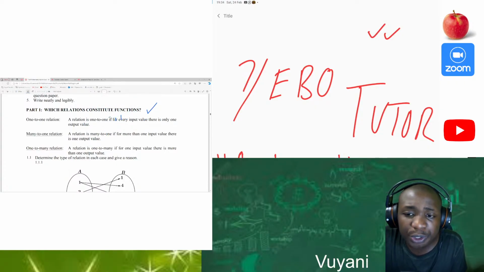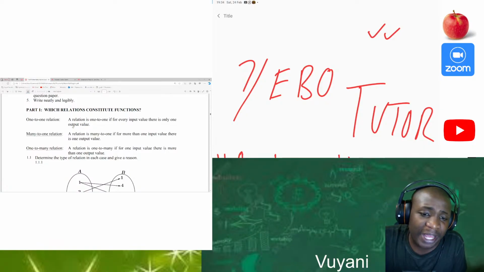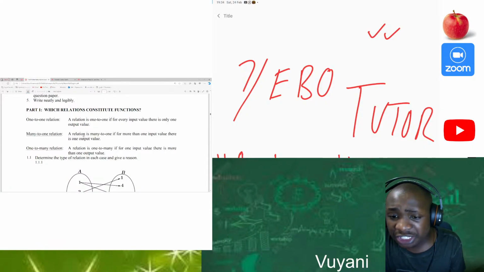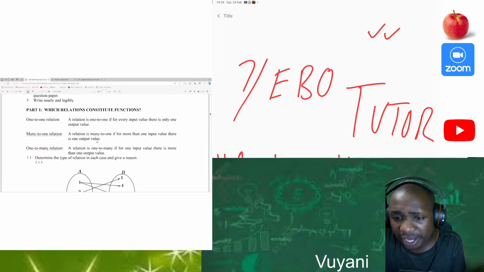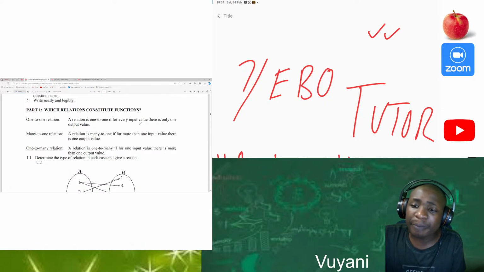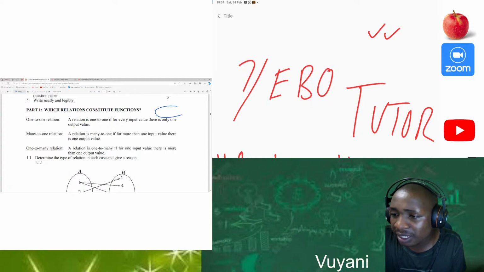Now we have what we call a many-to-one relation. That's where, for more than one input value, there is one output value. For instance, maybe our function is like this. Then at this specific point, let's just say -1, we can see that we have this output value, and we also have this output value.